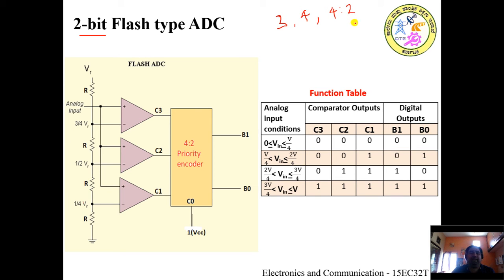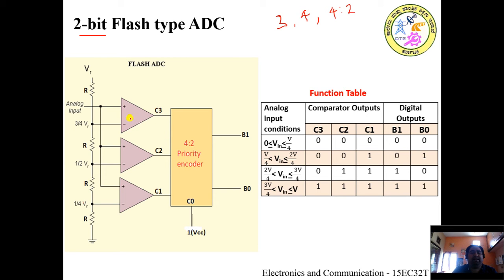As you can see here, there are 3 comparators used, C3, C2 and C1. The outputs of these comparators are fed as input to the 4:2 priority encoder.